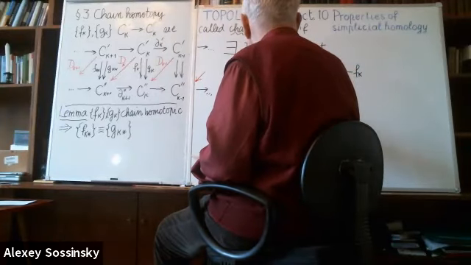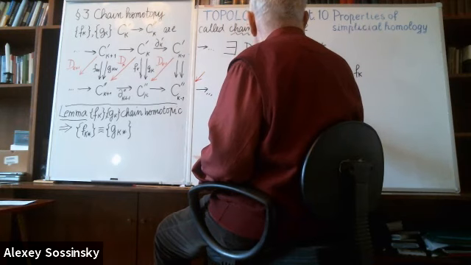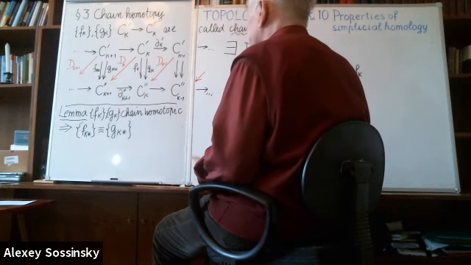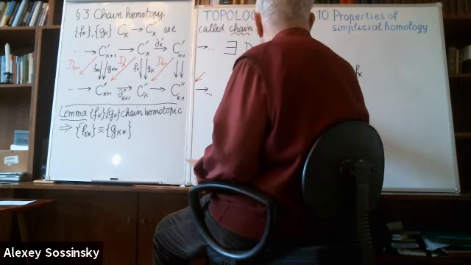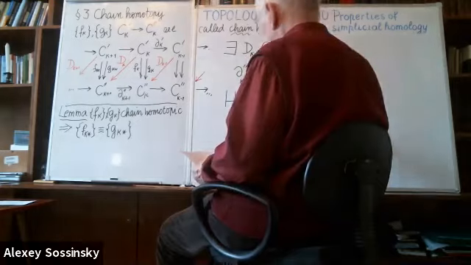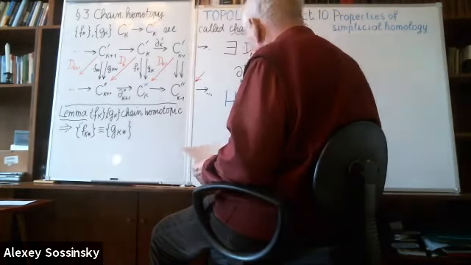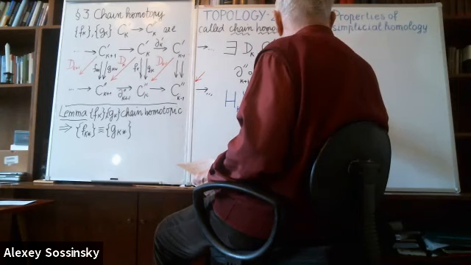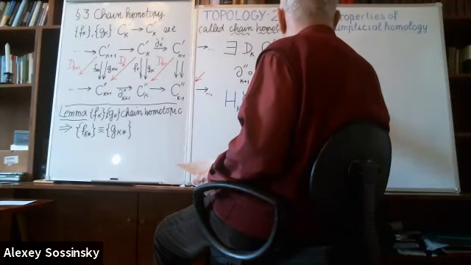So an arbitrary element has the form z_k, where z_k lives, well, let's call it z_k prime because it lives in C_k prime, and it's a cycle. It is a cycle, so its boundary operator of z_k prime is 0.